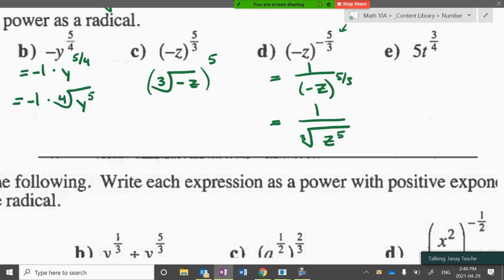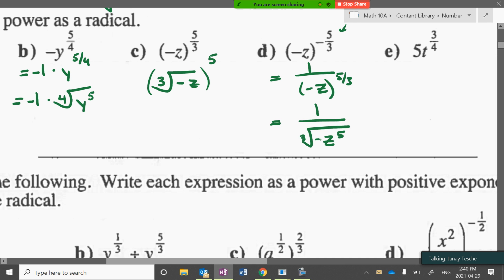Sorry, say that again? Claire, go ahead. Why wouldn't you have the root and then inside of it put 1/z? Oh, I'm sorry, I missed rewriting my negative. Okay, sorry, Claire, say that again.